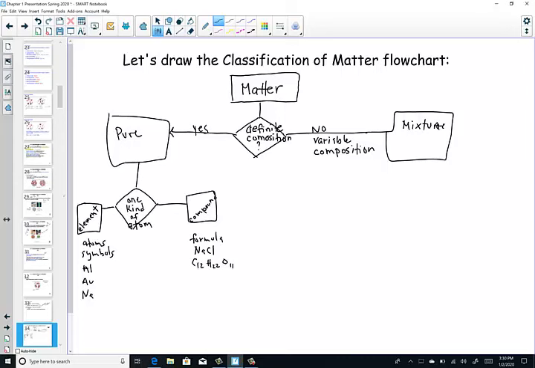Let's come back over here to the mixture and ask ourselves a question: is it a single phase? How many things do you see in that mixture? If it is a single phase, whoops, I should have put yes and no. If it is a single phase, we've made ourselves a homogeneous mixture.